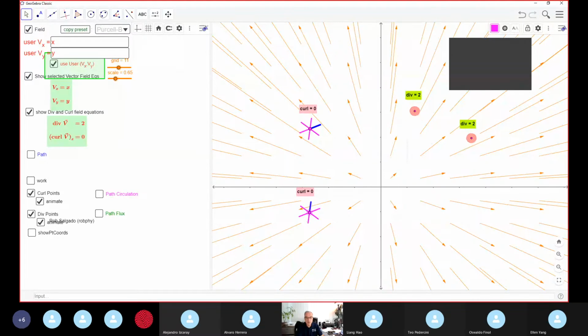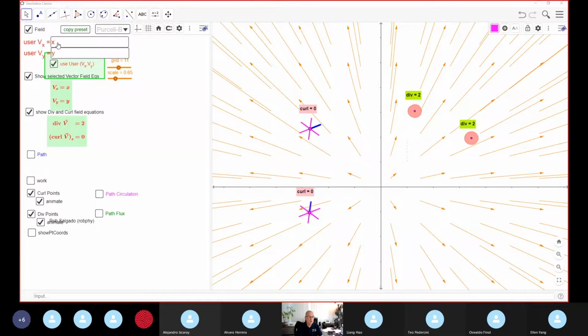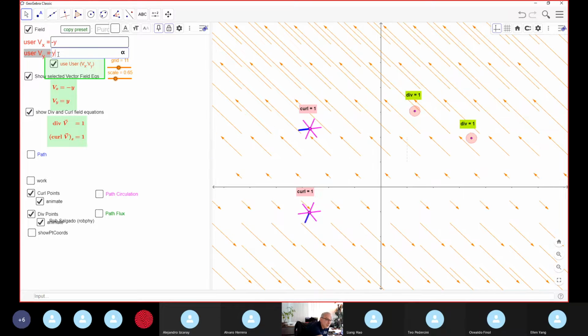Do you see the application? Okay, I want to change the vector field. Now it's negative y and positive x. Okay, analyze, no complicated, easy vector field so far.